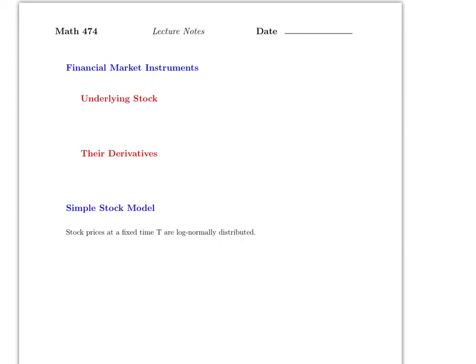So what are financial market instruments? Well, financial market instruments are technically divided into two categories. Here are the two categories: the underlying stock and their derivatives.